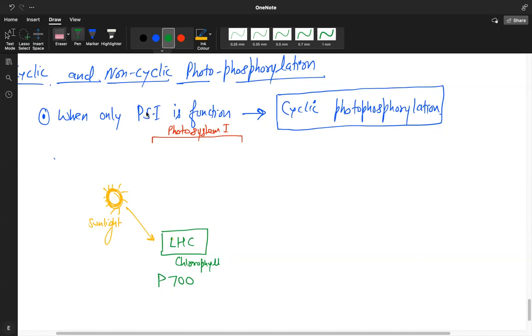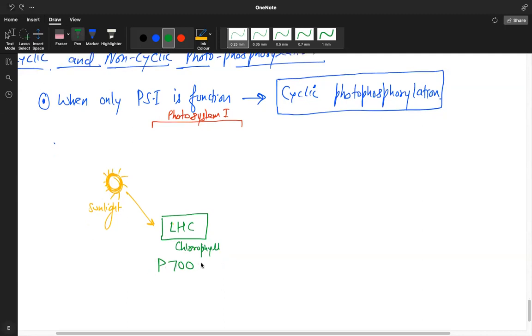Okay, one second. So I'll make it like this. This LHC will get excited at P700 because it's photosystem 1. The electron here will go up, get excited, and will reach what? Where will it reach? The electron acceptor, right? Of this system. And what will this electron acceptor do?